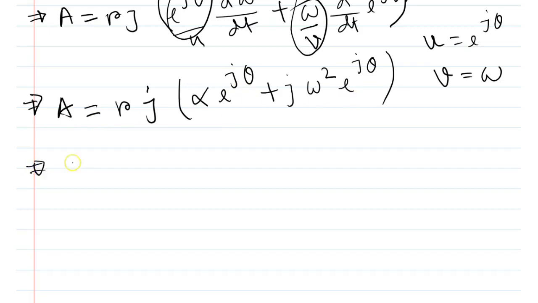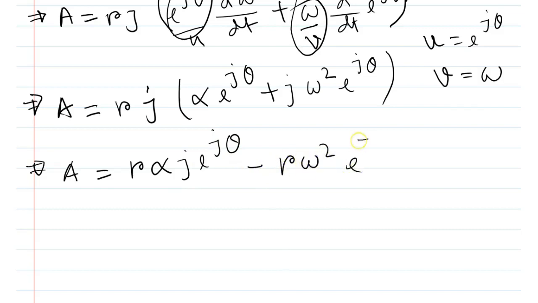Then if we want to simplify it, multiplying this rj with both terms, we get r alpha j e^(j theta) minus r omega squared e^(j theta). Now just two important notes. One is j squared equals negative 1.